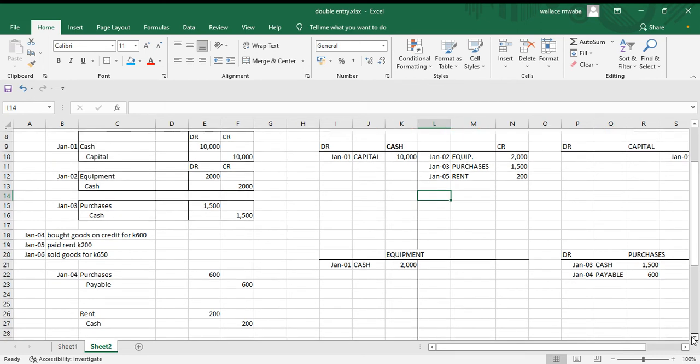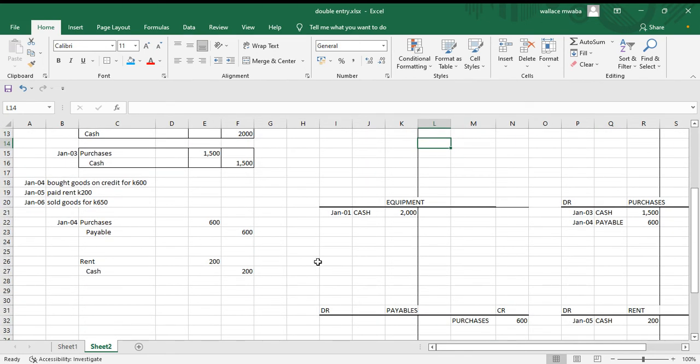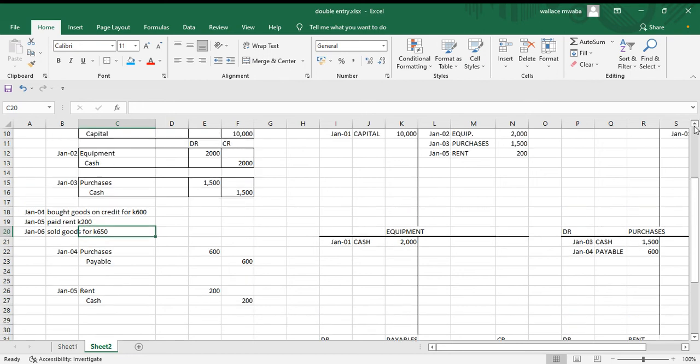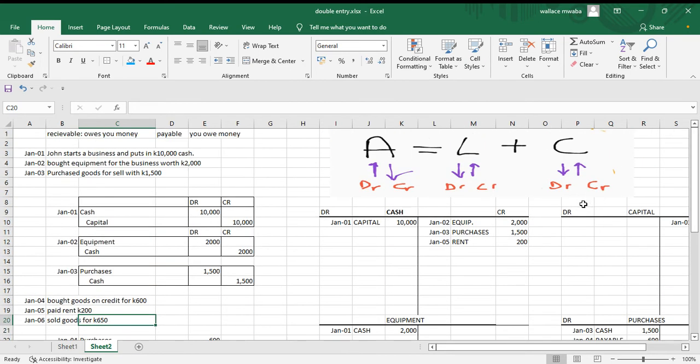All right. So then we got on January the 6th. Sold goods for 650 kwacha. So the two accounts to be affected are sales and the cash account. Sales is a form of revenue, and revenue increases capital, and an increase in capital is credited, right?